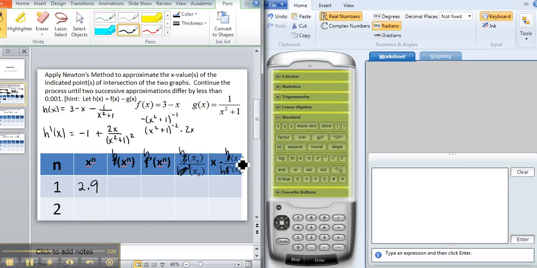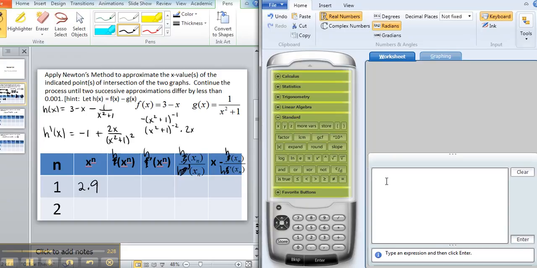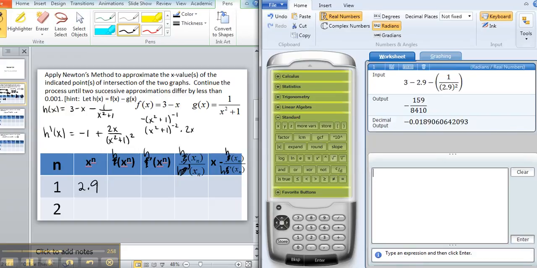So what I'm going to do is plug in 2.9, and if I plug 2.9 into my function, I end up getting 1 divided by 2.9 squared, and I didn't get it entered in properly because I forgot the plus 1.